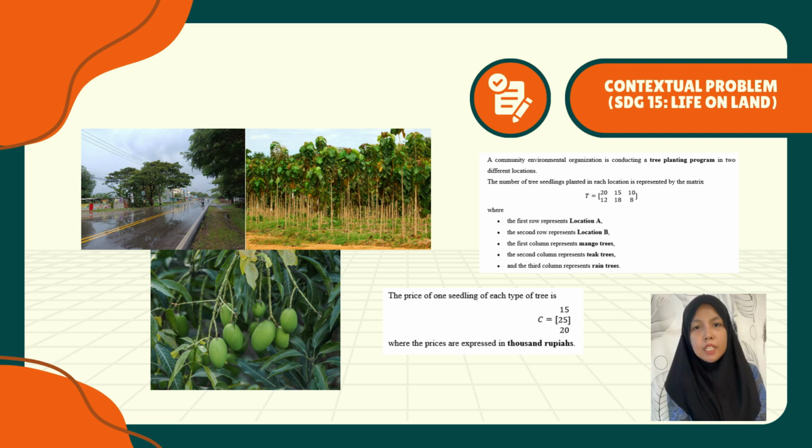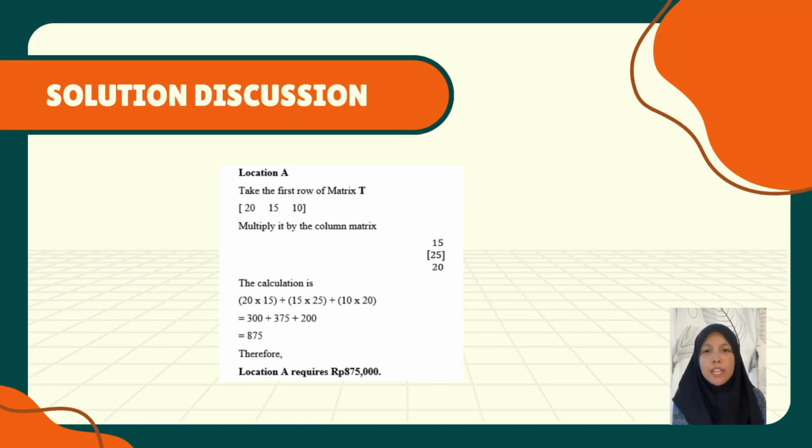Since T is 2 by 3 and C is 3 by 1, the multiplication is possible. Location A. Take the first row of matrix T, 20, 15, and 10. Multiply it by the column matrix 15, 25, and 20.